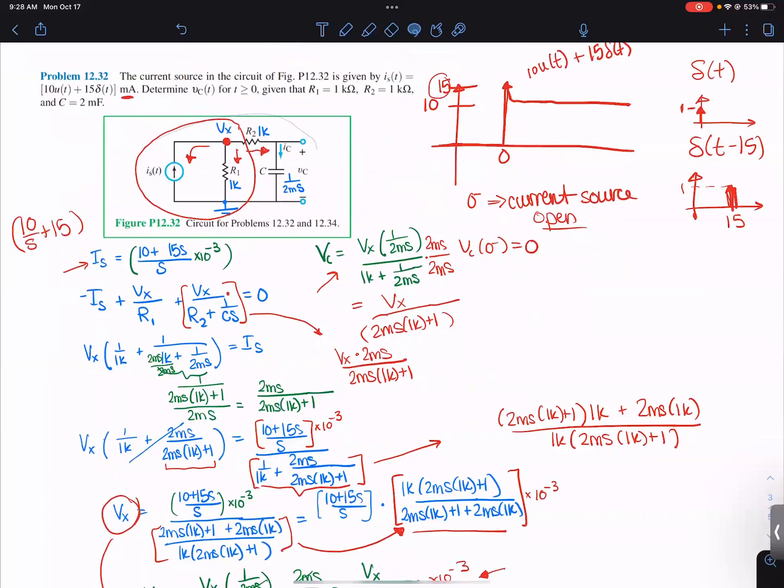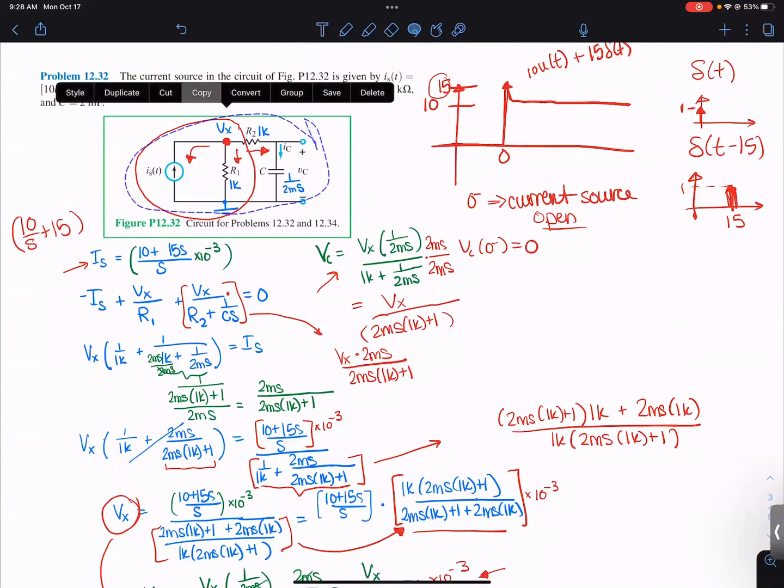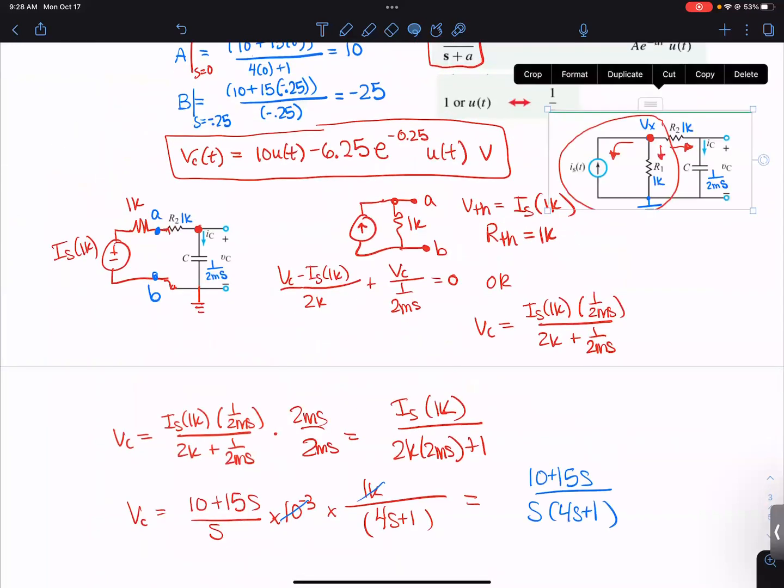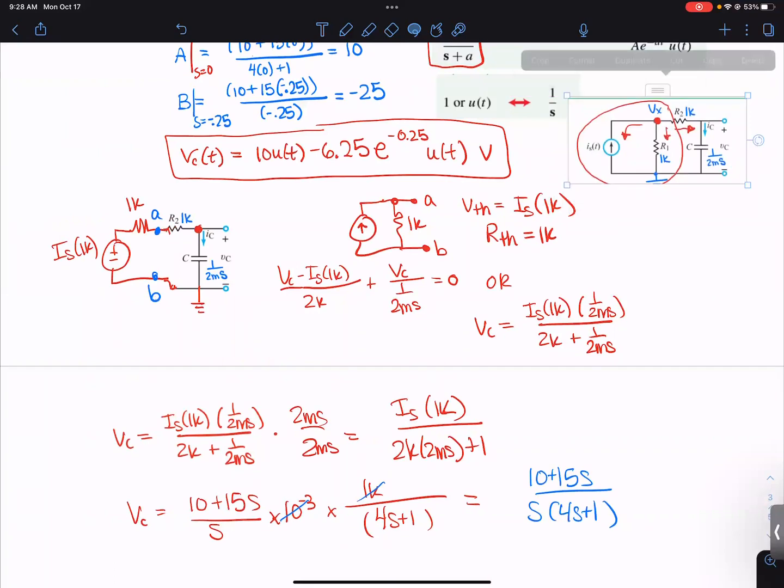I think what it is, when you take this circuit, you just have to note where my A and B are on this circuit. I took it right here and here. You have to literally disconnect the R2 and the capacitor from it. If you do that, it's left with just the current source and the R1, which are in parallel.